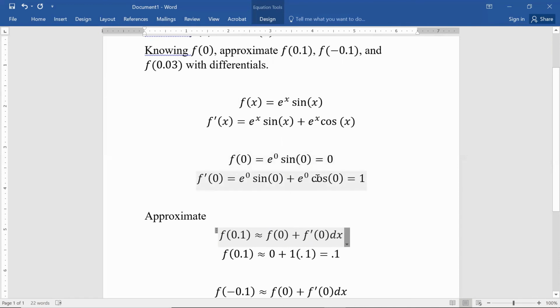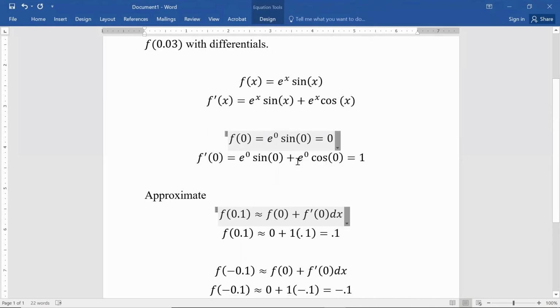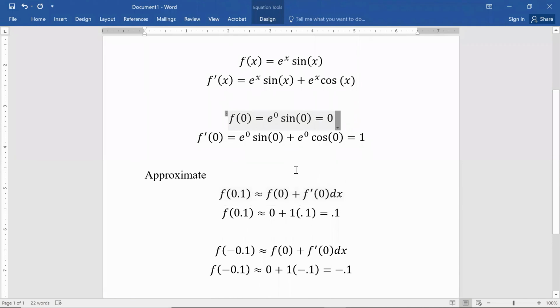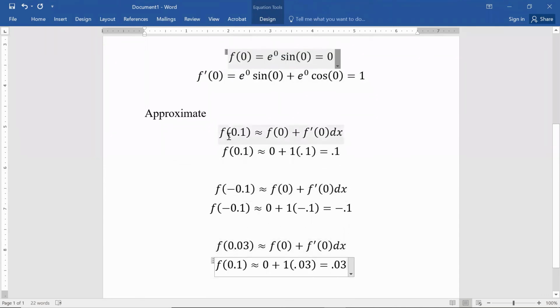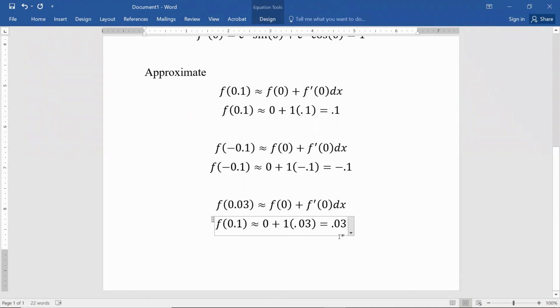If we were doing this by hand and we didn't have use of our calculator, it's much easier to approximate using differentials than to try to figure out e to the 0.03 or e to the 0.1. So you can see the advantage, especially if you don't have use of a calculator. This technique is a much easier process if you don't have use of a calculator.